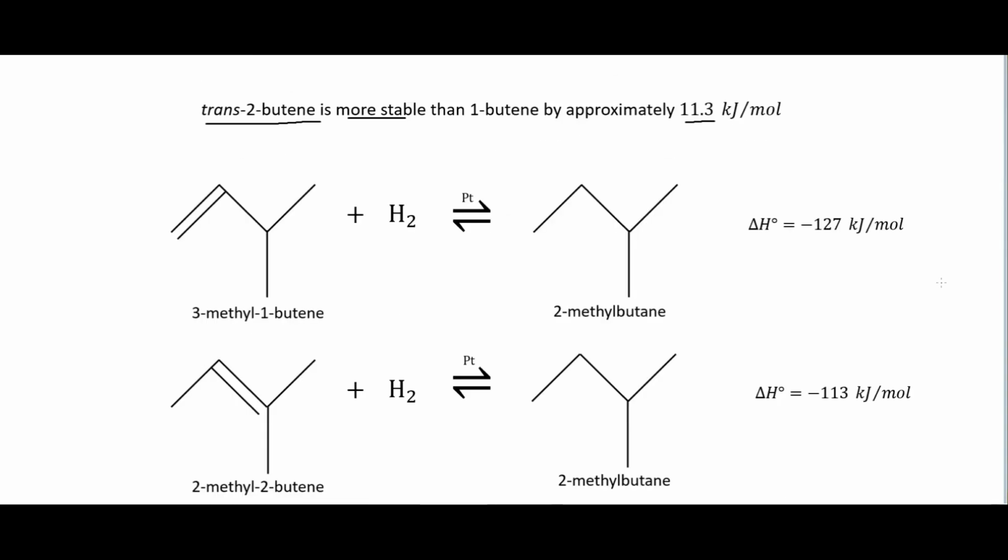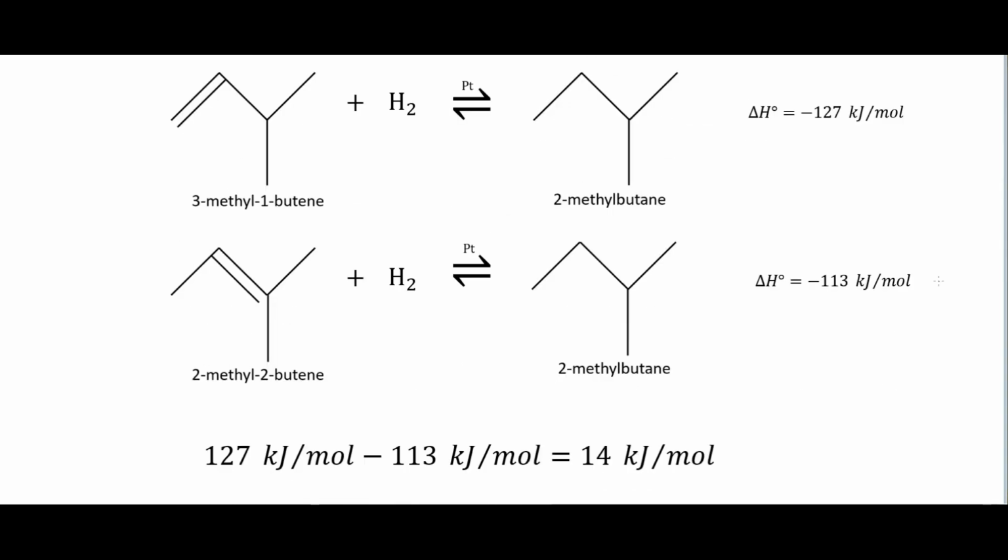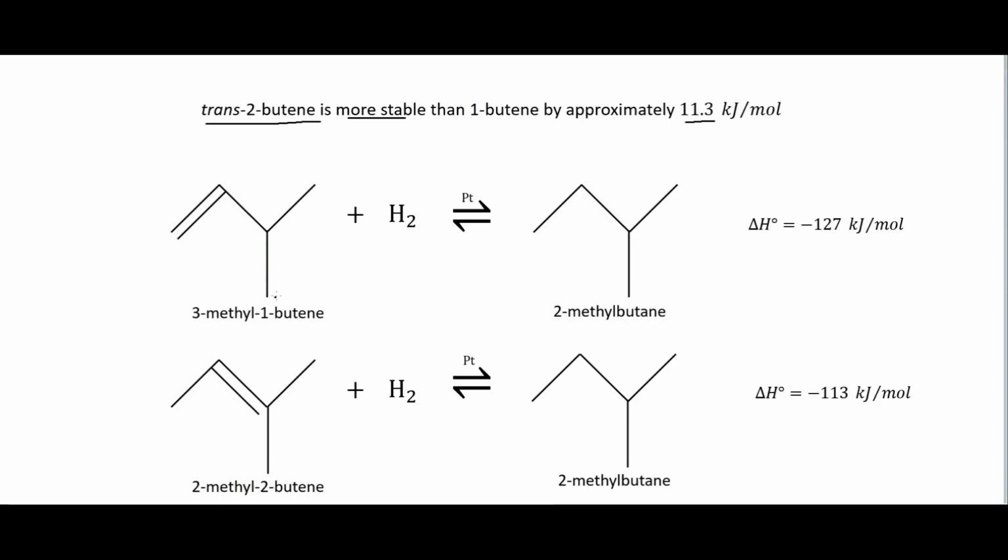And so then if we add a substituent on it, now we're looking at the same thing, but we're adding this methyl group onto it. So now we're looking at 3-methyl-1-butene and 2-methyl-1-butene. And so the naming convention here: on this one, we're going to start here with 1, 2, 3, 4. But on this one, the double bond is right in the middle, so we will start from the end that's closer to that substituent.